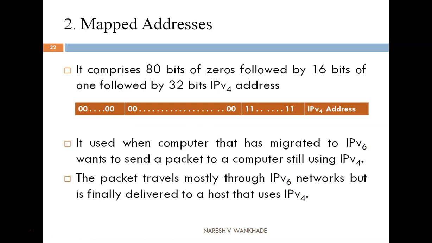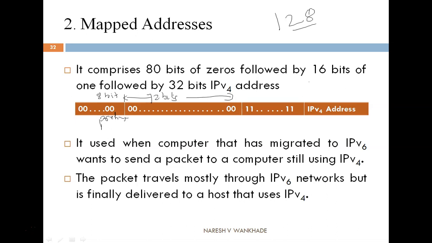Next address is the mapped address. It comprises 80 bits of zeros followed by 16 bits of 1 followed by 32 bits of IPv4 address. IPv6 address is of 128 bits. Out of this 128 bits, it comprises 80 bits of zeros. 80 bits of zeros means this 8 bit zeros belongs to the prefix plus 72 bits, these are 0.